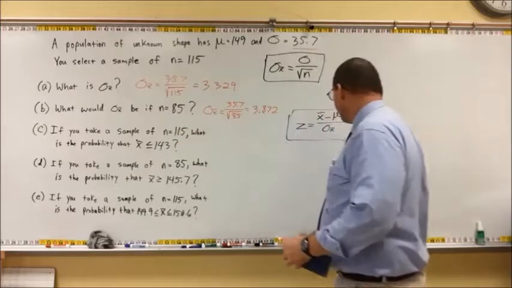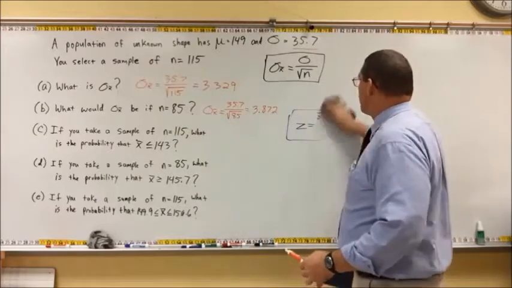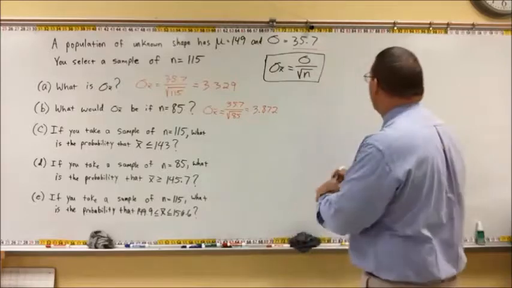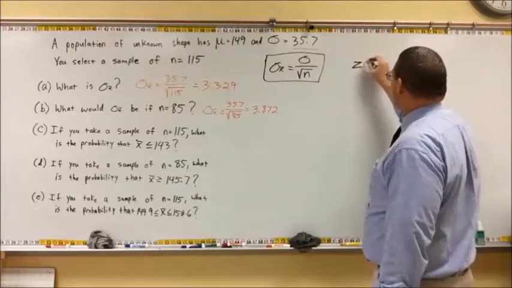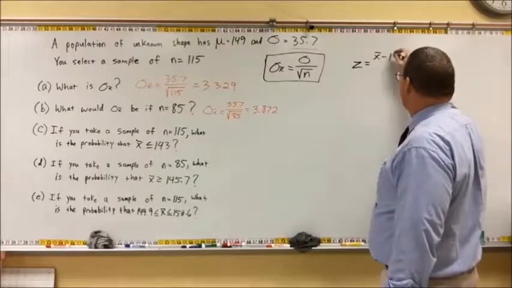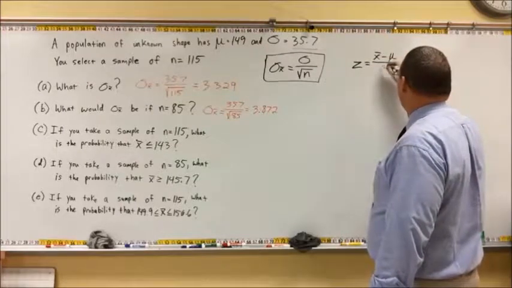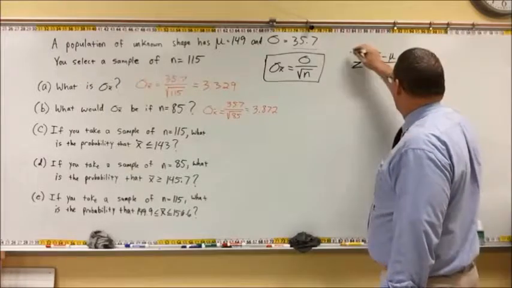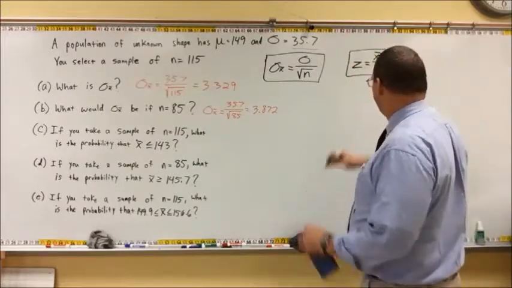C. Let's put the z-score formula up here. Our new z-score formula is x bar minus mu divided by standard error. Okay?